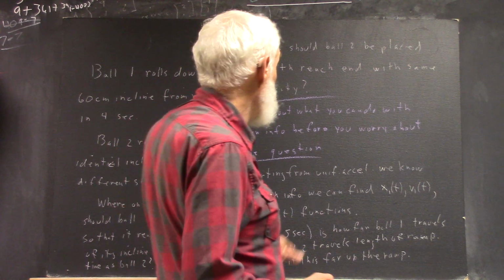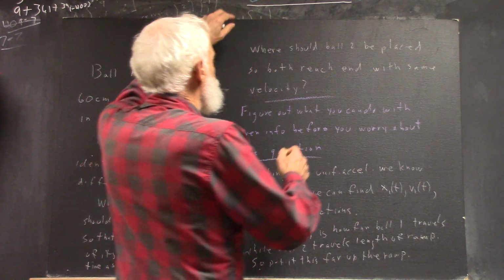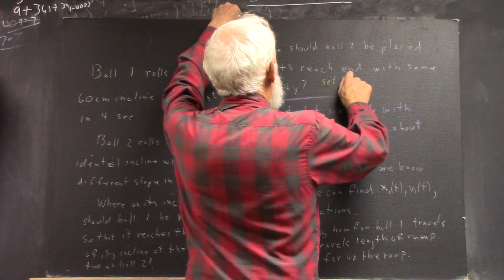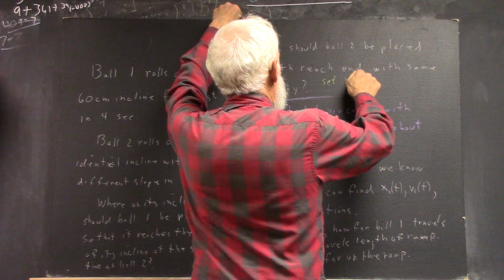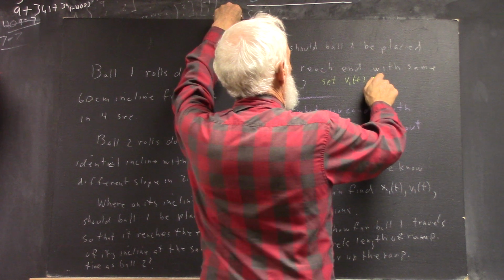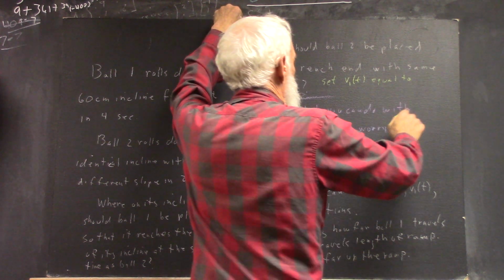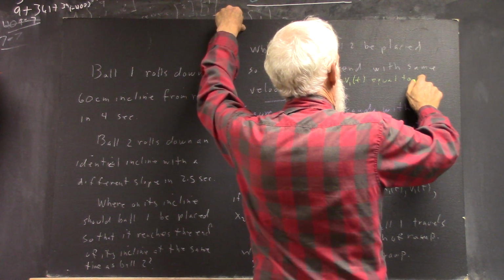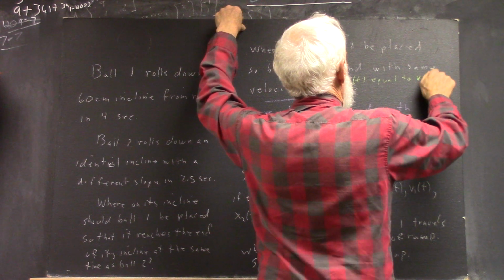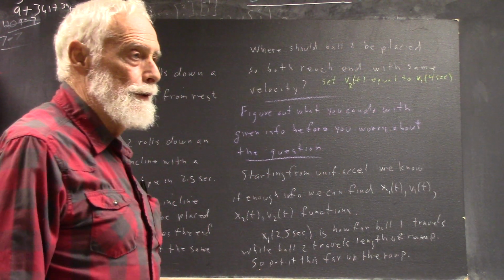One of them is this, the other is exactly what you said. That would be v2 of t. Set it equal to v1 at 4 seconds, right?